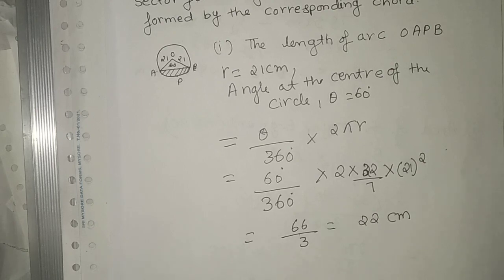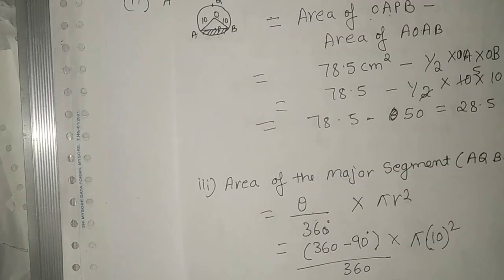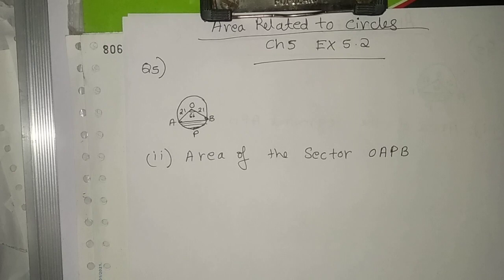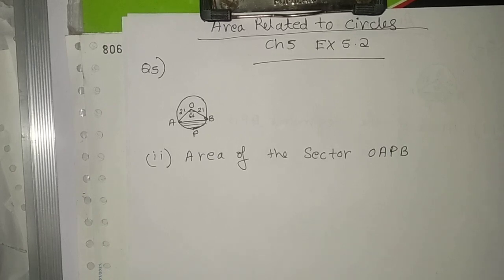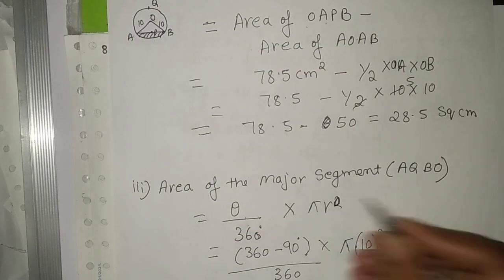So next, we'll move on to the second question and the fifth problem. So this one, the formula is just pi r, I think.